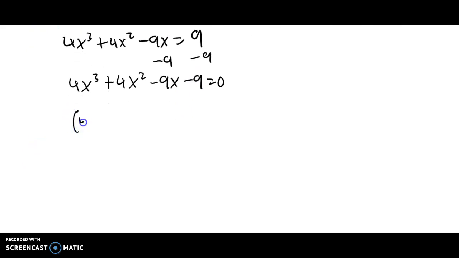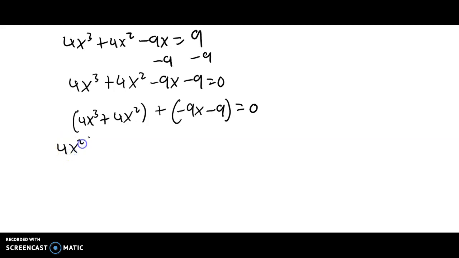So my first group is my first two guys always, and my second group is my second two guys always. I'm going to put a plus here and let them hold on to the negatives for now. Okay, 4 and 4 share a 4. X cubed and x squared share an x squared. What's left in the first term? Just x.